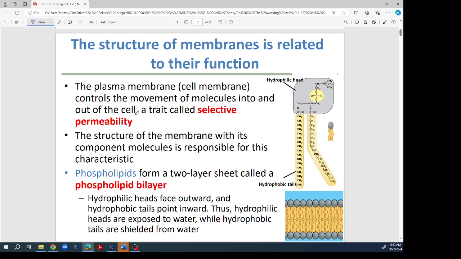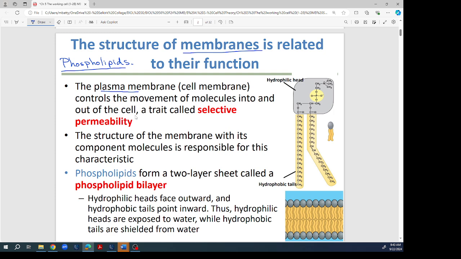So kicking it off, the idea of the membranes in a cell. The membranes, if we were to roll in what we learned back in chapter 3 with macromolecules, are all made of phospholipids. So we're going to really focus on the plasma membrane, the outer cell membrane, but technically all membranes are made of these phospholipids.